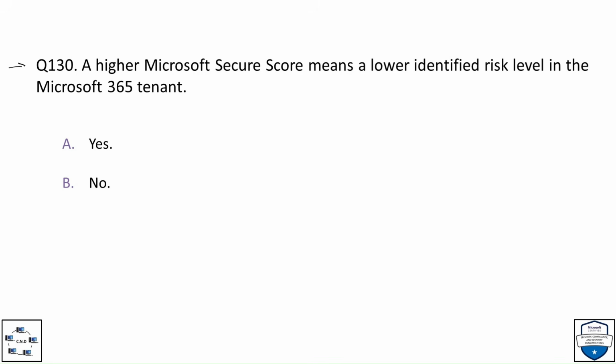Question number 130. A higher Microsoft Secure Score means lower identified risk level in the Microsoft 365 tenant. Option A yes and option B no, and the correct option is option A yes.